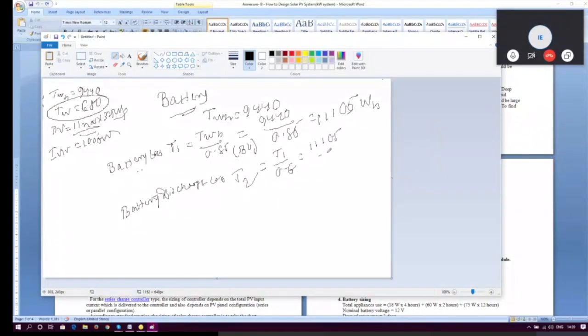So 11105 divided by 0.6 would give us 18508 watt hour.